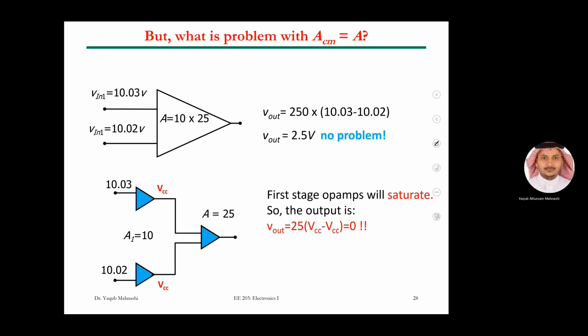Okay? The problem with the second one, actually, is that you are multiplying the whole voltage, right? So you are multiplying the whole voltage at this point, and then you are taking the difference. So imagine that voltage is 10.03. 10.03 multiplied by 10, that's 100. And the system will saturate. So it won't give you 100, it will give you VCC.